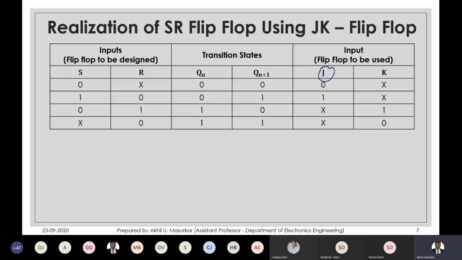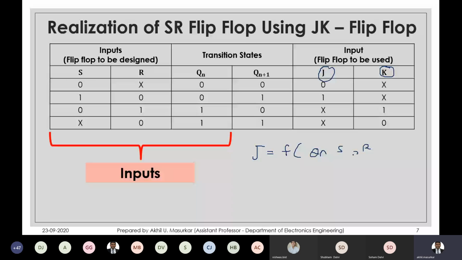So this is going to be my input. I have to write J as a function of Qn, S and R. And now also I have to write K as a function of Qn, S and R. So basically I have to solve two K maps.